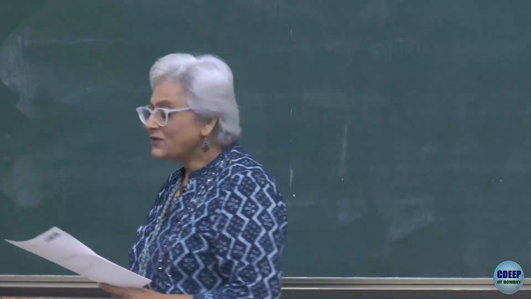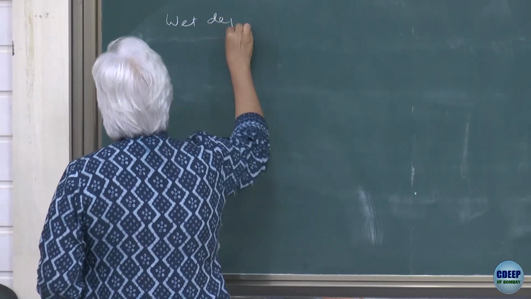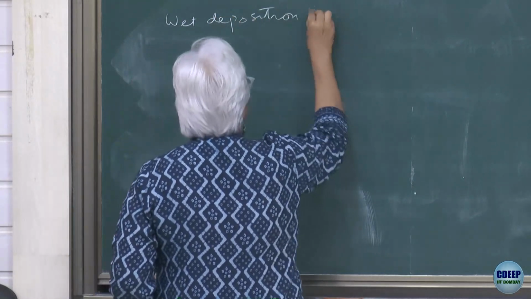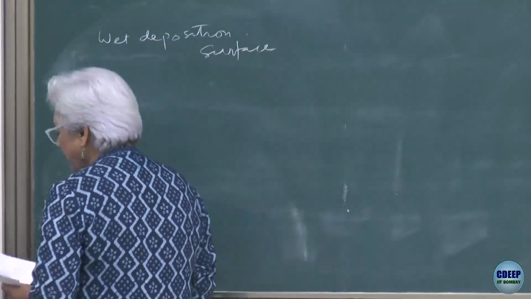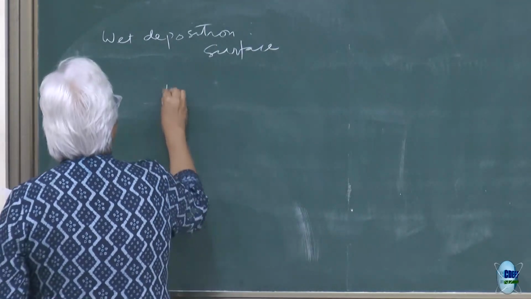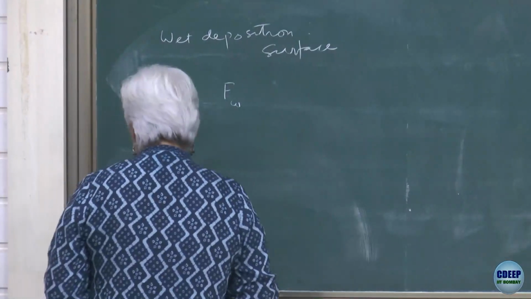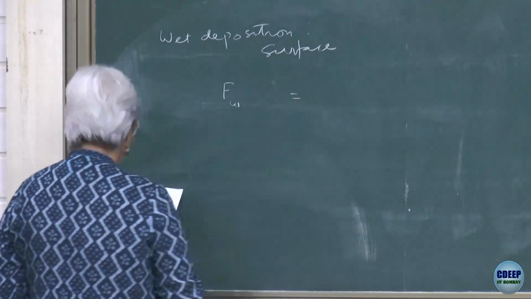So essentially, we now want to define wet deposition as a surface phenomenon, just like we did for dry deposition. So when we move to the surface, let me write it in terms of a wet deposition flux, right?